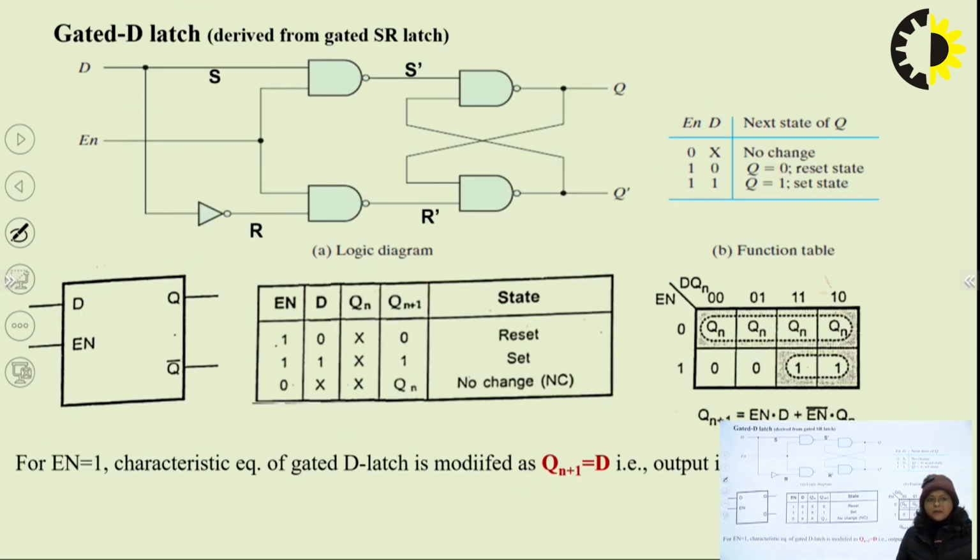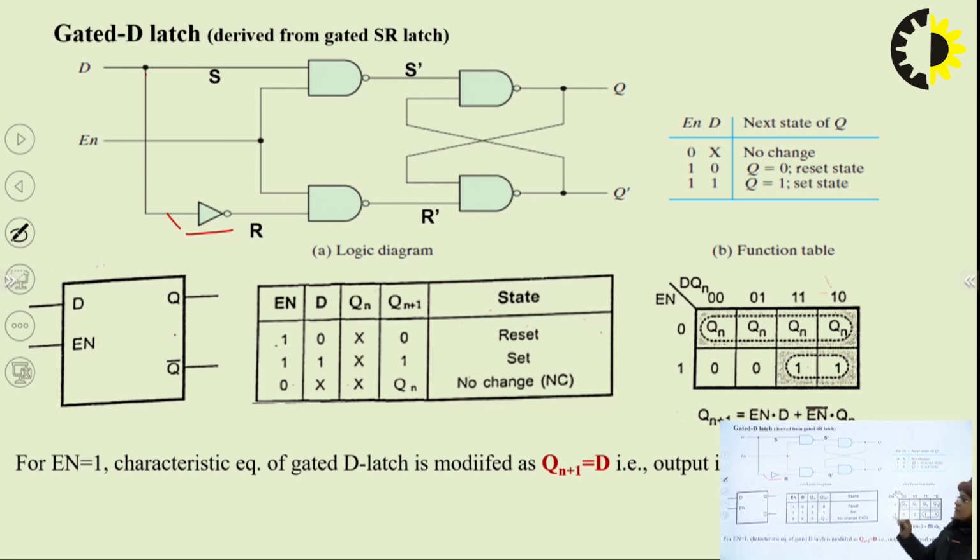Moving towards the gated D latch. If we connect a NOT gate between the 2 inputs of the SR latch, that is, connect S with D, use a NOT gate and connect it to R, then it becomes a D latch. So there is only a single input D, enable, Q and Q bar. As there is a NOT gate in between S and R, the 0 0 and 1 1 combinations are obsolete.